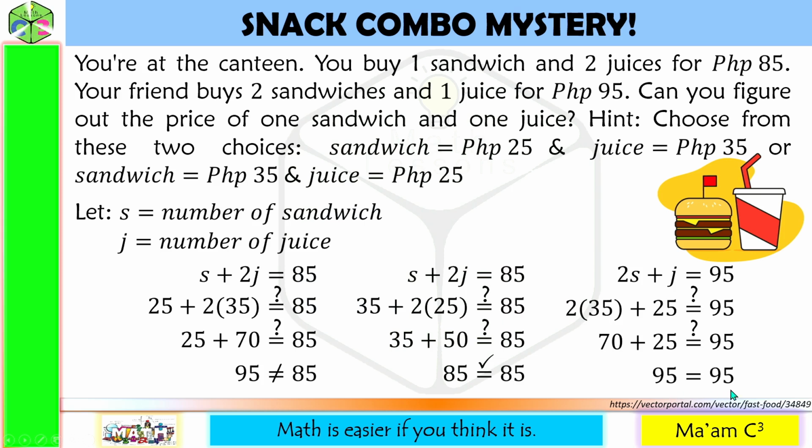Are they equal? Yes, they are. So it means the sandwich indeed costs 35 pesos. Let me write it here. Sandwich equals 35 pesos, while the juice costs 25 pesos. 35 for the sandwich and 25 for the juice both satisfy our two equations.